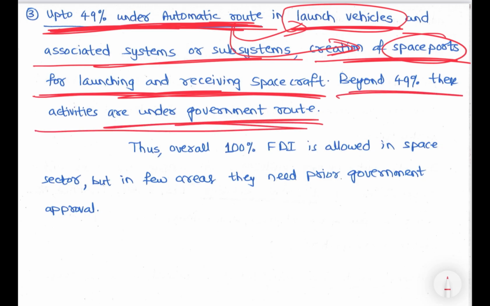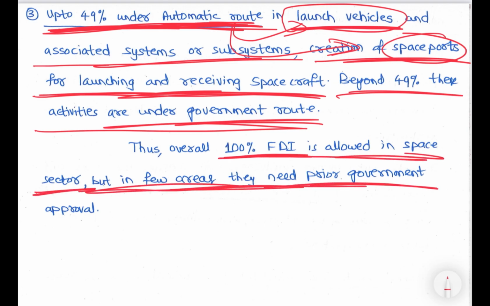So basically overall what we need to understand is, mains में इतना detailing में जाने की जरूरत नहीं है, right. Overall 100% FDI is allowed in space sector, but in few areas they need prior government approval, right. Prior government approval चाहिए, but overall government has talked in favor of 100% FDI in space sector or in majority of the areas, and that is also under automatic route, not with prior government approval, right.